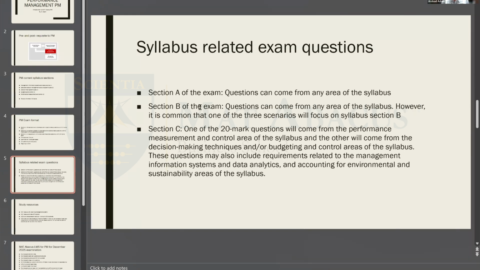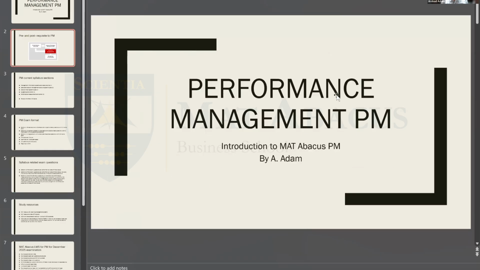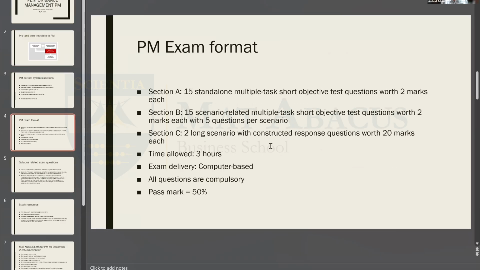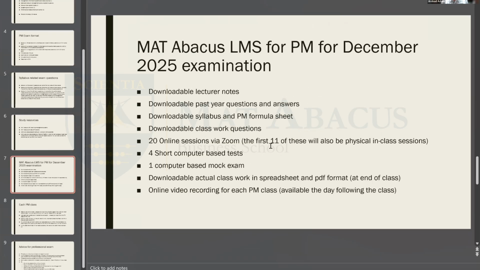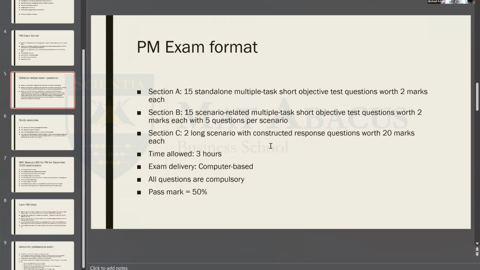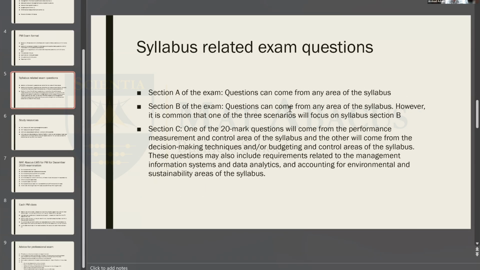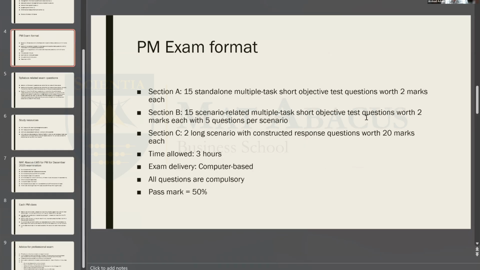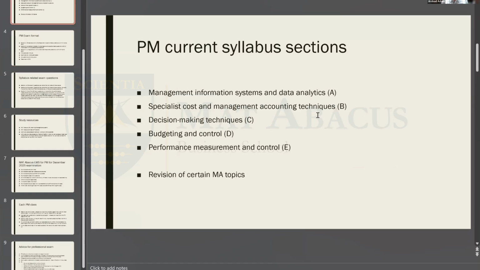Now, section A of the exam, questions will come from any area of the syllabus, meaning from any of these 5 areas. Section B of the exam, you can get questions from, again, any area of the syllabus, but particularly one of the 3 scenarios will come from section B, which is the cost and management accounting section.